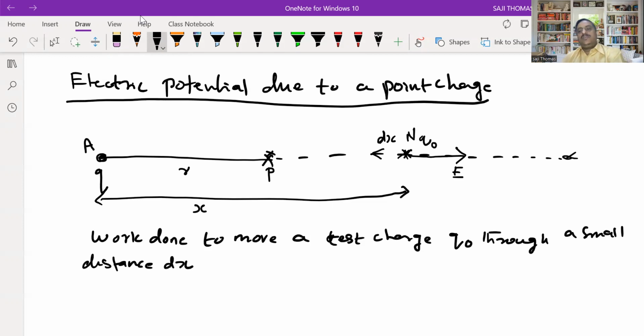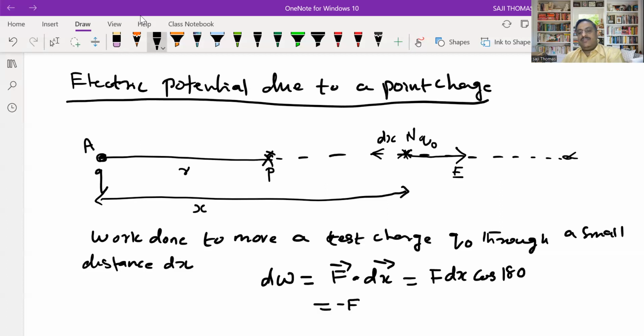What is the formula to find out the work done? You know, dW is equal to F dot dx. This is the formula for work done. Here force and displacement are opposite. So I am writing F dx cos 180. You know cos 180 is -1. So dW is minus F dx. And electric field is F by Q0.